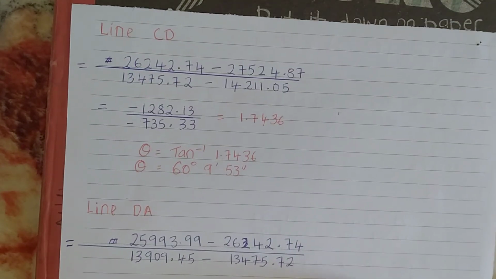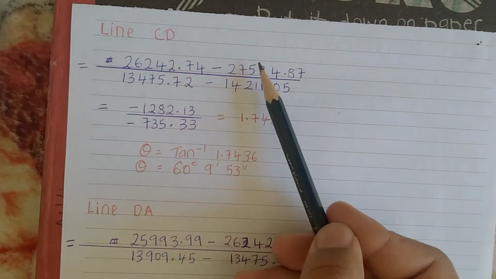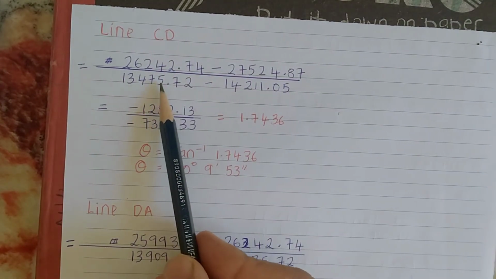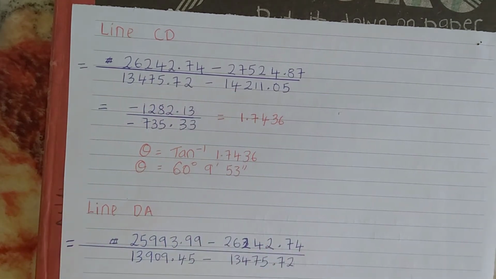Let us now look at the bearing of line CD. So this is our easting 2 minus easting 1, and then this is northing 2 minus northing 1. Don't worry about the coordinates because you'll get them in the description box below. Also the question, you'll get it there.